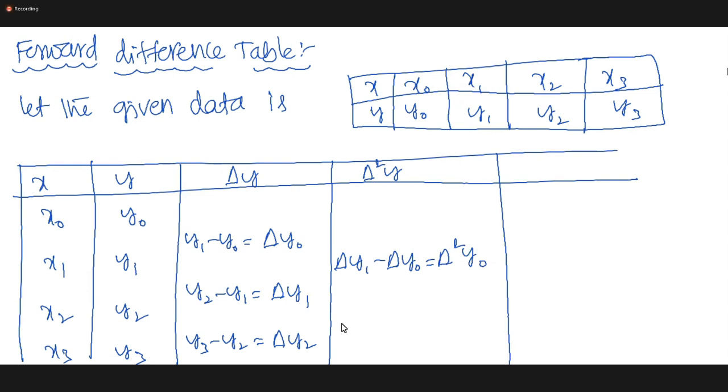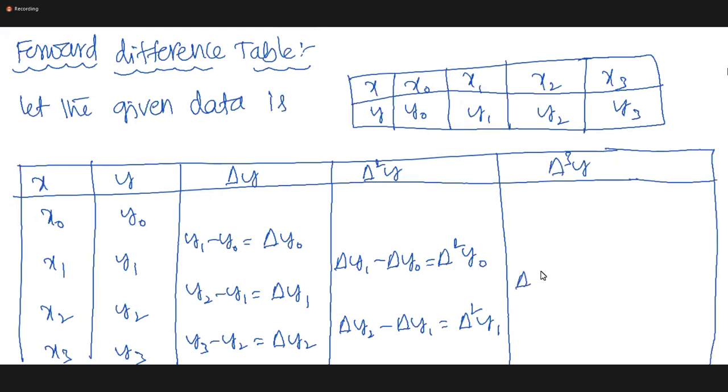Delta y2 minus delta y1 is equal to delta square y1. Lastly, third order forward differences: delta square y1 minus delta square y0 is equal to delta cube y0.